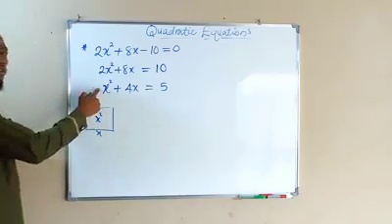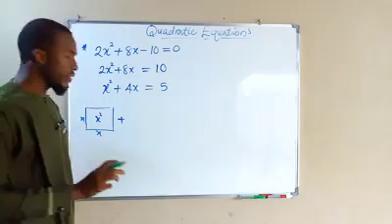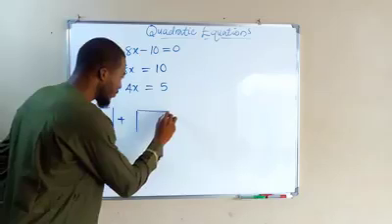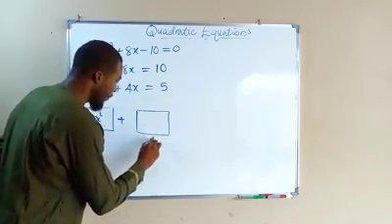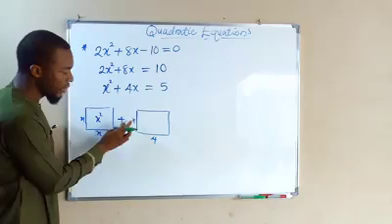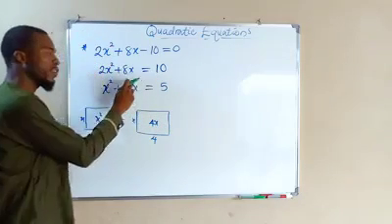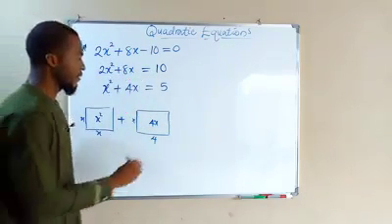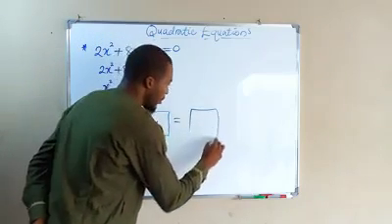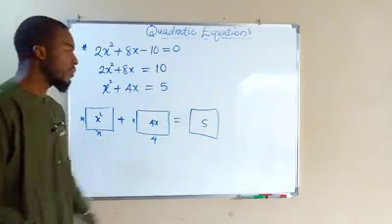Plus 4x is represented by a rectangle of dimension 4 and x, such that the area of this plane figure is x times 4, which is 4x. And to the right-hand side, we have a rectangle that represents 5, and the area of that rectangle is 5 units.